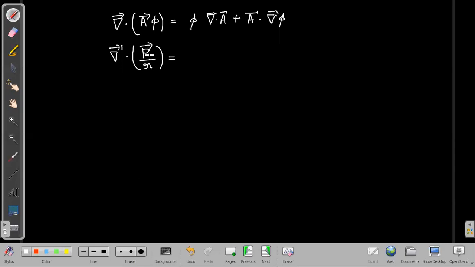I can write 1 by script r, because 1 by script r is the scalar function, the scalar field, times del prime dot P, plus P dot del prime of 1 by script r. So P dot del prime of 1 by script r, I can write as del prime dot P by script r minus del prime dot P by script r.